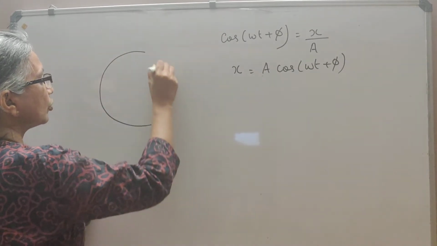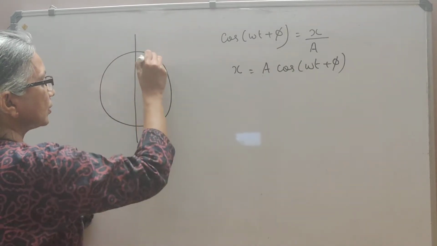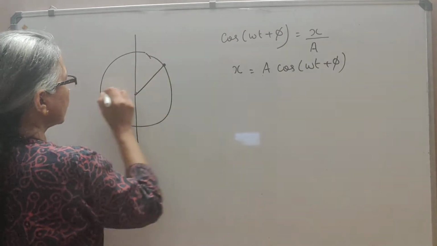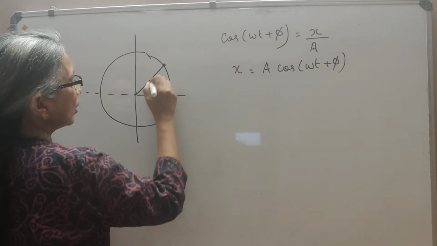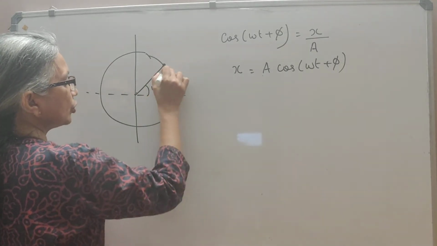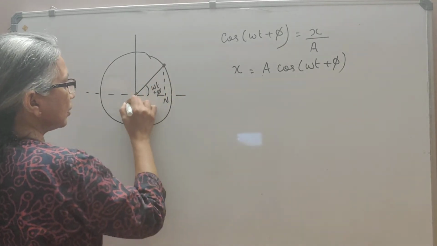Let me take this projection along the y-axis, that is, the particle is here. This was our angle omega t plus phi. The projection is here. This is the center.